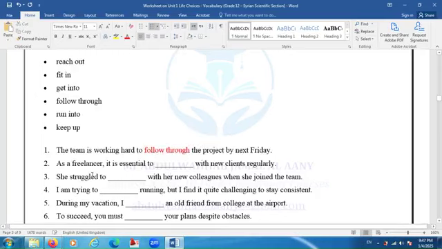As a freelancer, a person who works according to his time at home or through the online, through the net. As a freelancer, it is essential to with the new clients regularly, to reach out, to deal with.